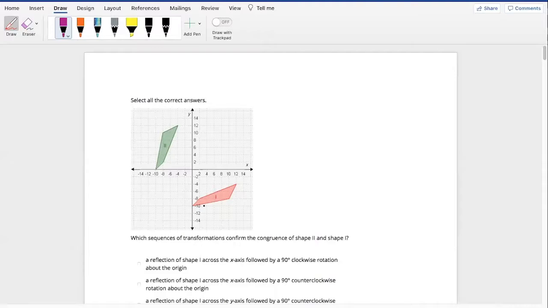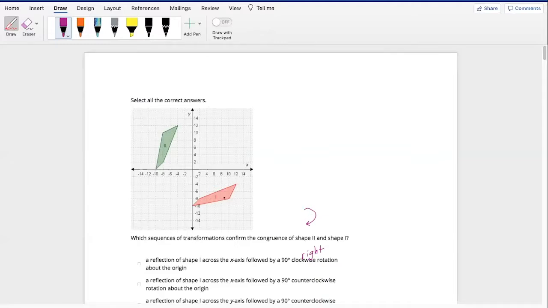So if I take shape 1, a reflection of shape 1 across the x-axis, that means I'm going to reflect it here, so you can kind of picture it upside down on the other side, followed by a clockwise rotation. Clockwise is rotating it to the right, the same way the hands on a clock go.